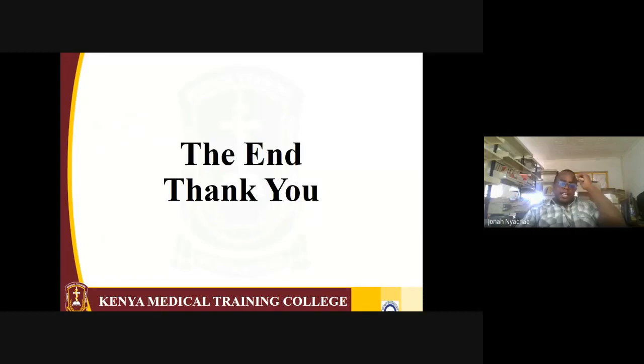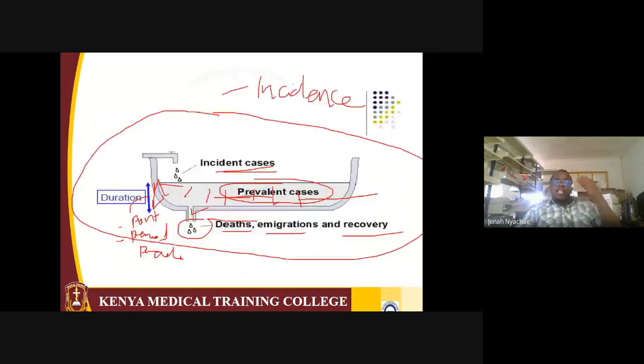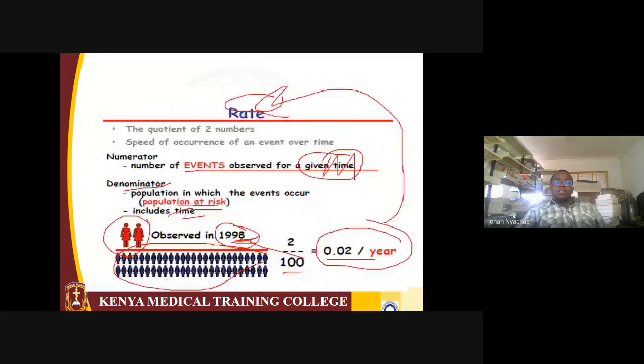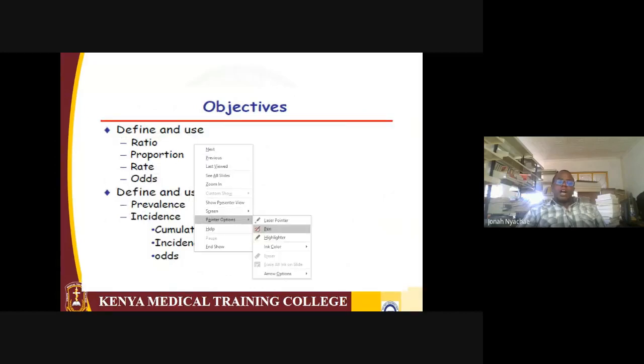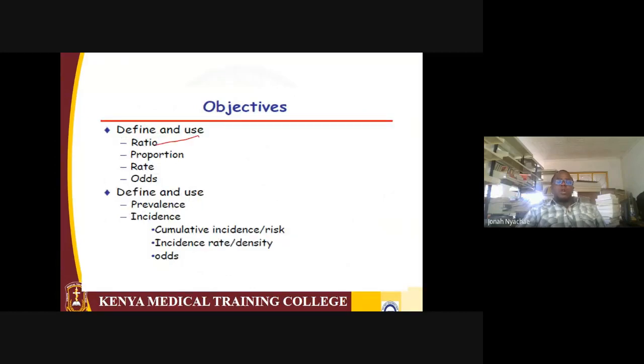So that marks the end of the lesson. Basically, in this second part of the second session, we have been able to define and use ratios, where we have said in ratios the populations are not the same. So maybe you can say the ratio of male to female. You just take the denominator, the numerator is not included in the denominator.